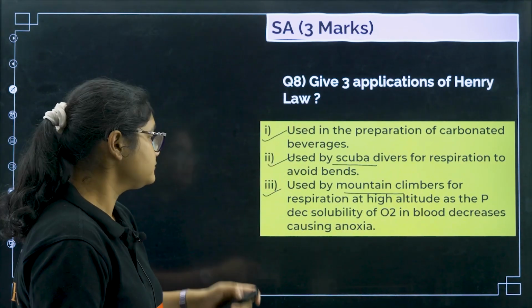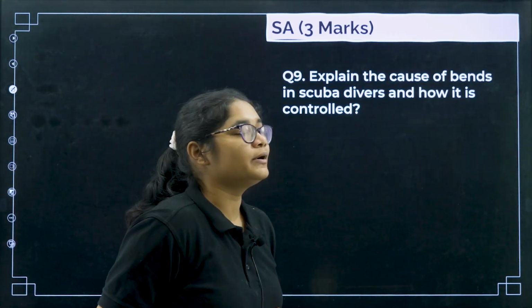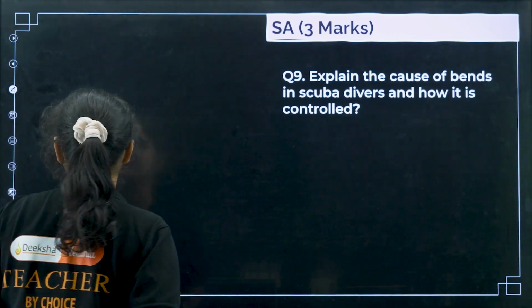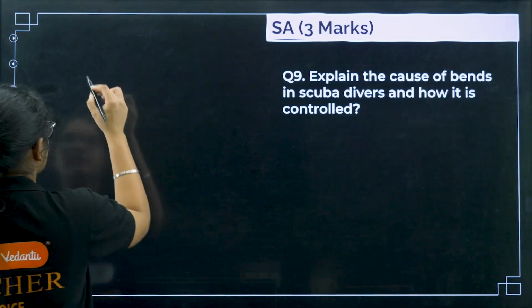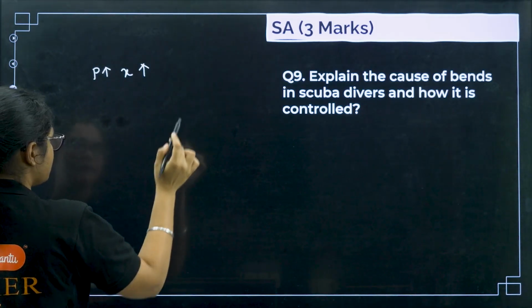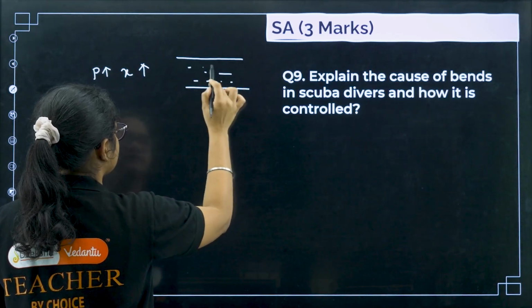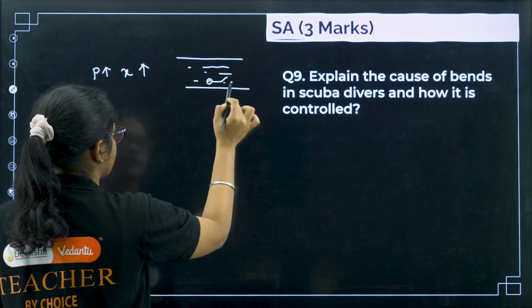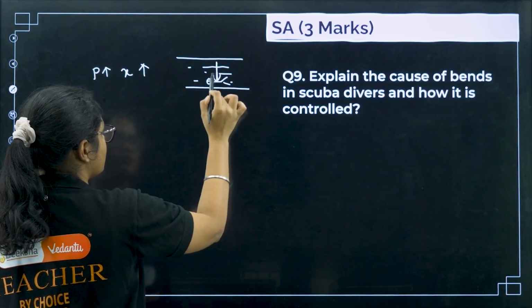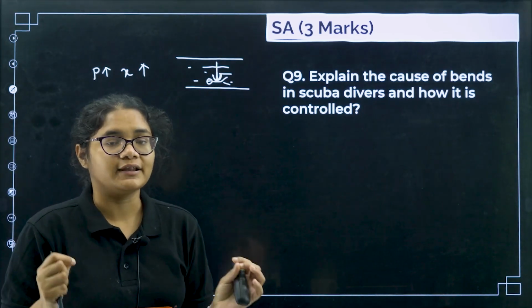Next question: explain the cause of bends in scuba divers and how it is controlled. First, let us understand this. If pressure increases, solubility will increase. Suppose here we have the sea, and the scuba diver is here. The scuba diver now has more pressure, so more gas will dissolve in his blood.